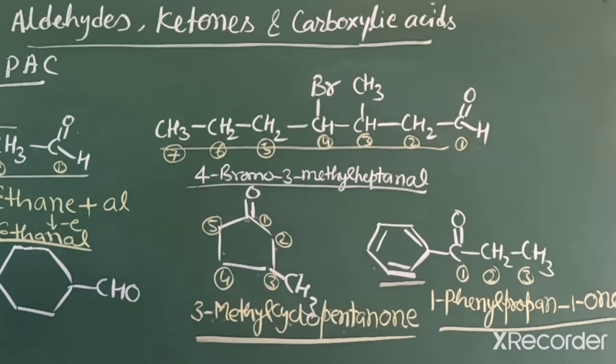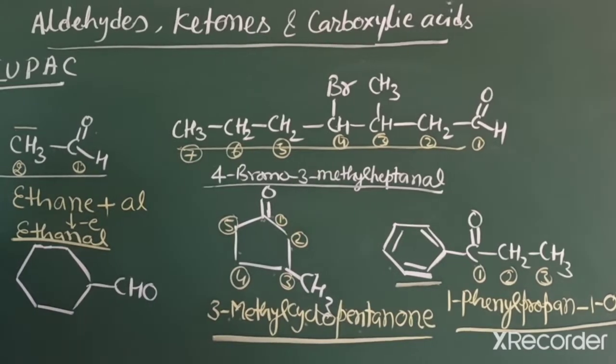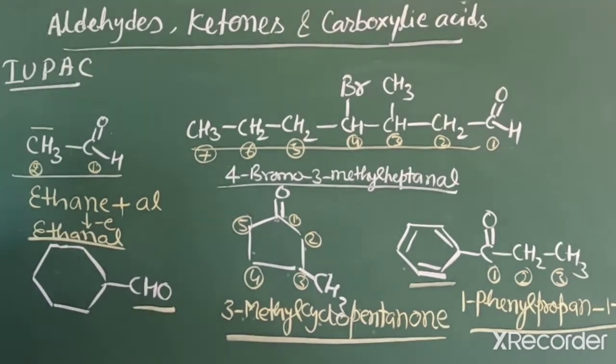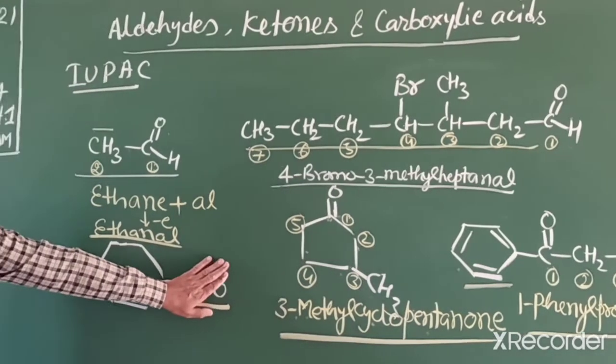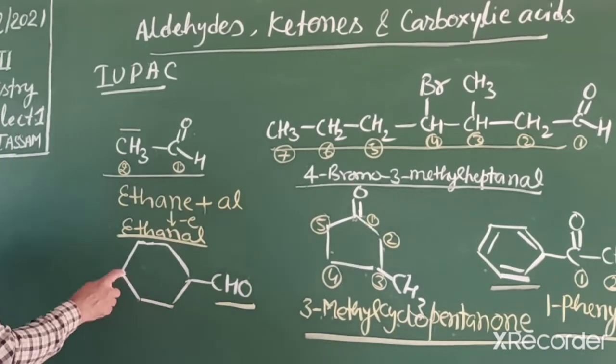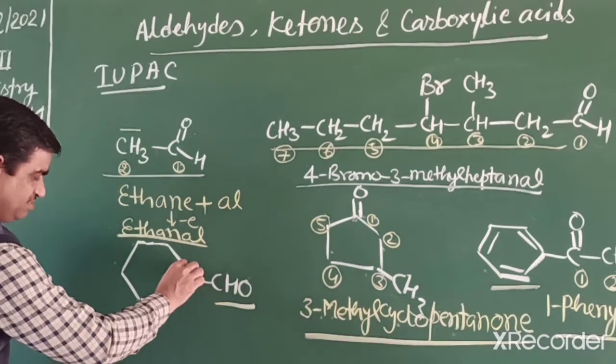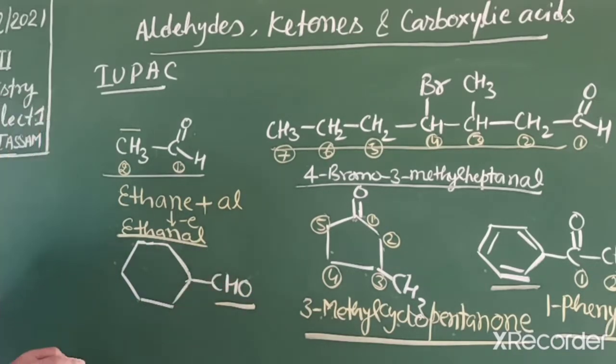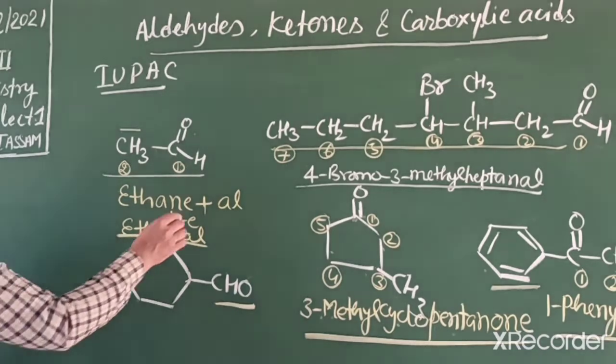Another example. This one is an aldehyde. We have to give this carbon also, and this one is a cyclic hydrocarbon. Such a type of aldehyde, how can we write it? Students, if you start numbering, you cannot count this carbon as 1, 2, 3, 4, 5, 6 like that. If the substituents are like this, then that aldehyde is written as carbaldehyde in place of al.